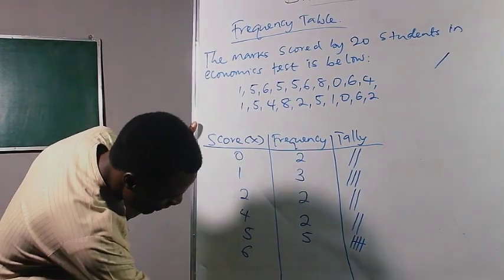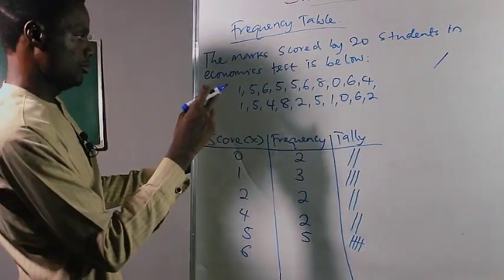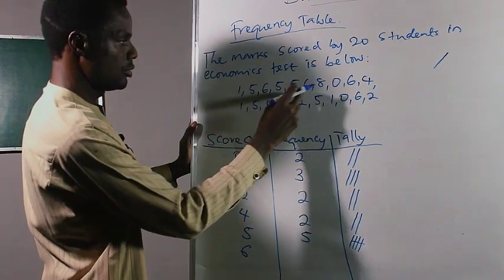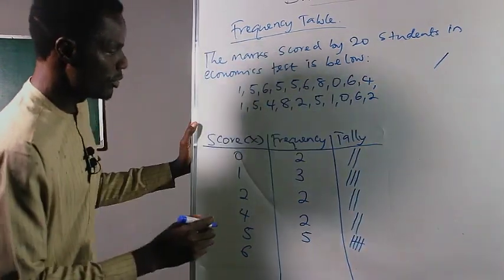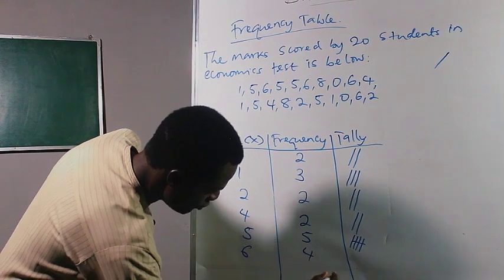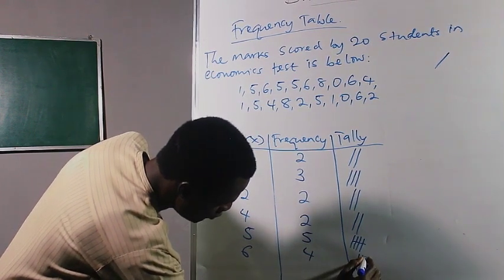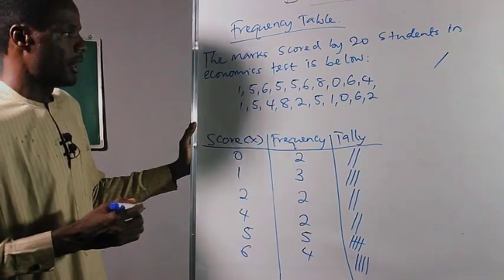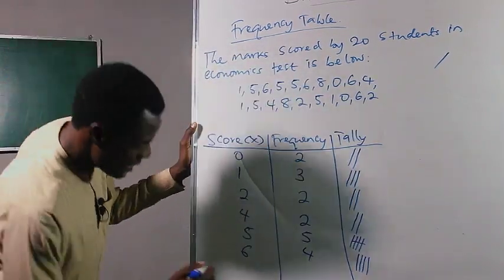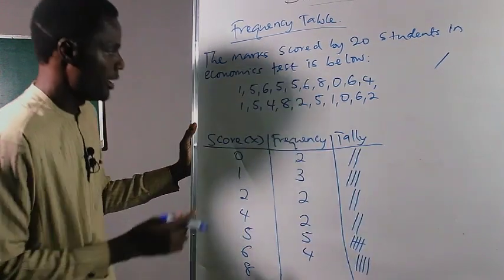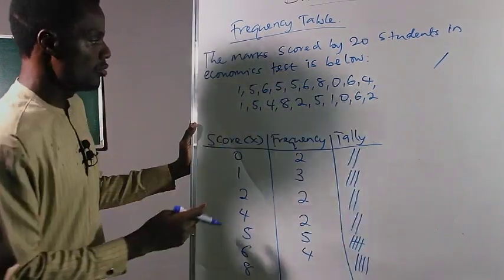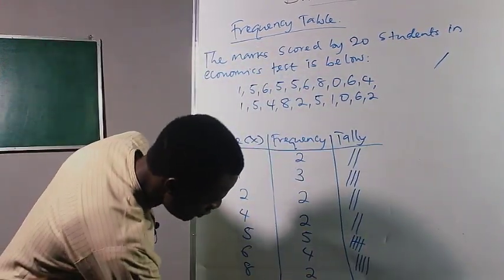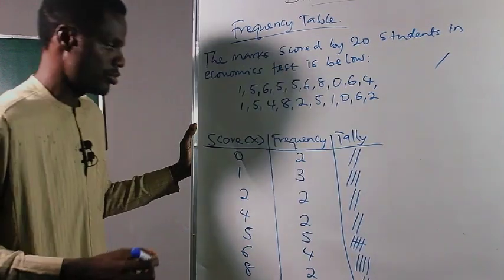So 6 appears 1, 2, 3, 4, 4 times. So it has 4 strokes. And the last item is 8. 8 appears 2 times. So it has 2 strokes.